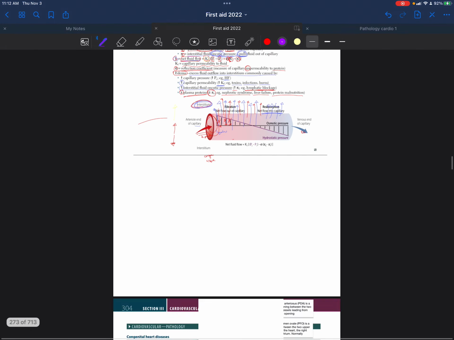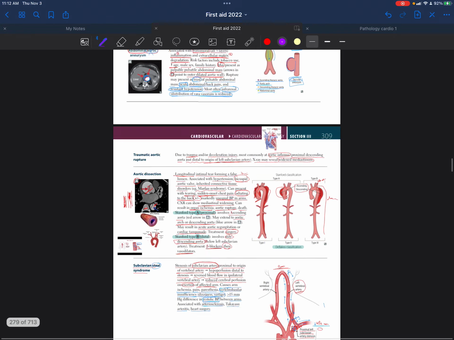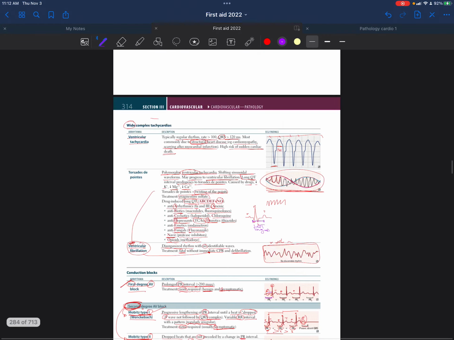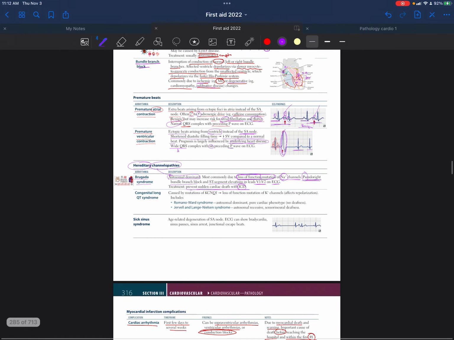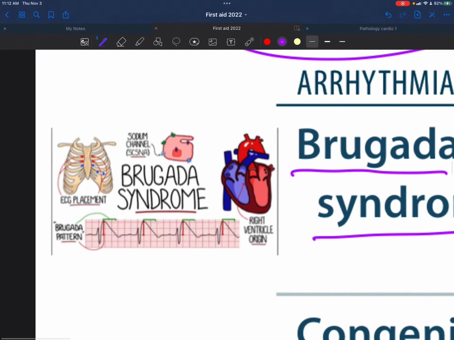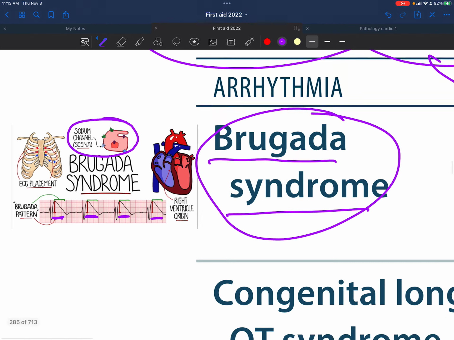So if you go back, it should be here somewhere. Yeah. So that is for Brugada syndrome. If we take a look at this image, this is how the ST elevation looks like. It's already too high. Okay, and as we said, the problem is in the sodium channel, and yeah.